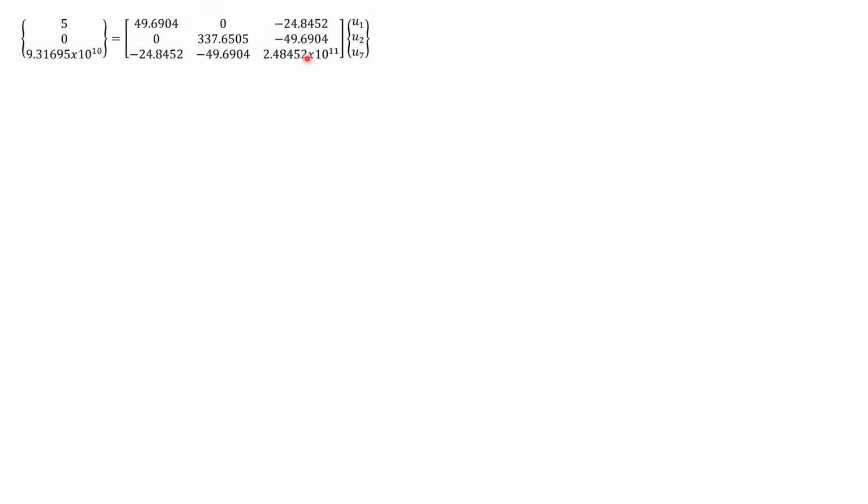So the original value, which was 24.8452 times 1 times 10 to the 10, becomes 2.48452 times 10 to the 11. Then the force value here is equal to this value after we multiply a very large number times the specified displacement. So multiplying this by 3/8, it becomes 9.31695 times 10 to the 10.